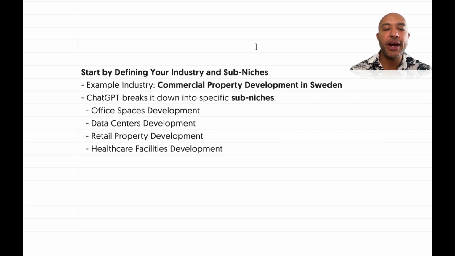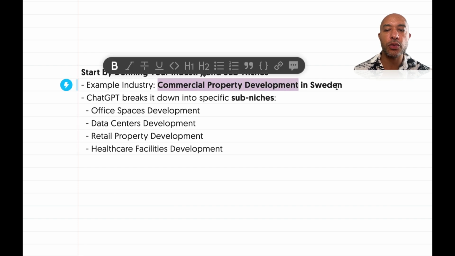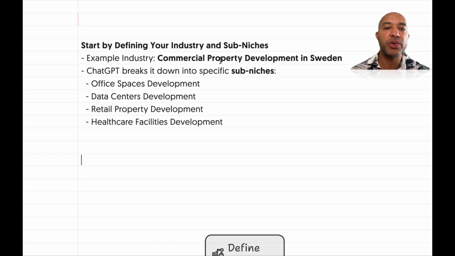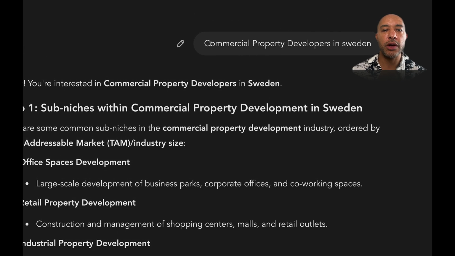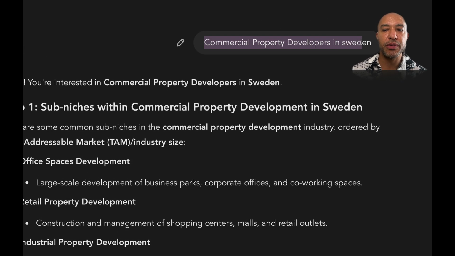So you want to start by identifying your industry and sub niches within that industry. An example would be commercial property development in Sweden, and we can use ChatGPT to help us out with that. So in this instance, for example, we're targeting commercial property developers in Sweden.